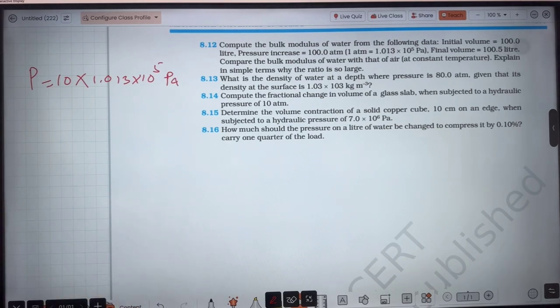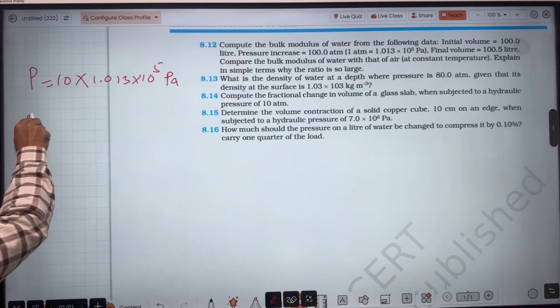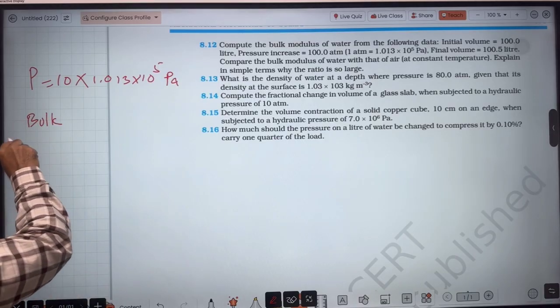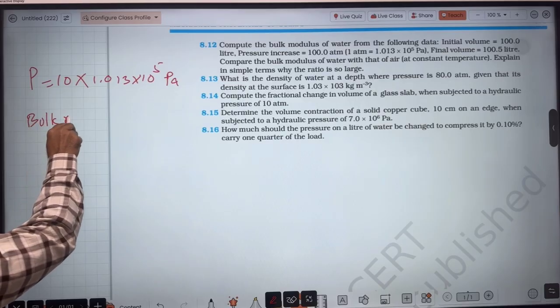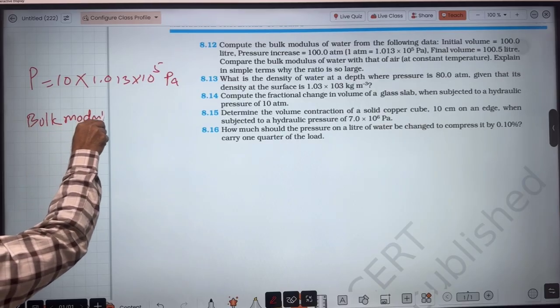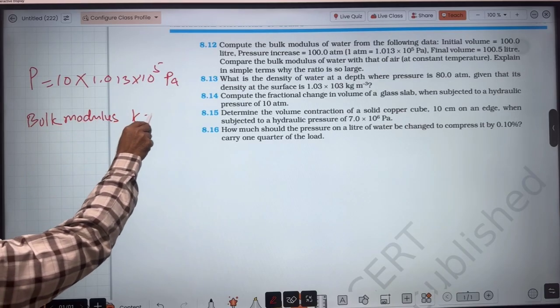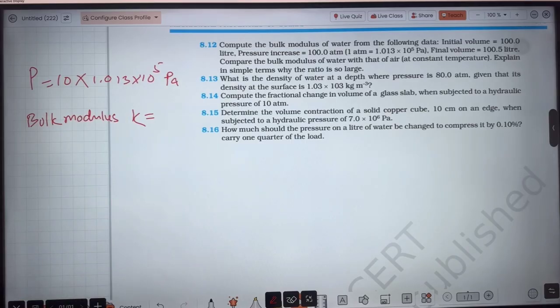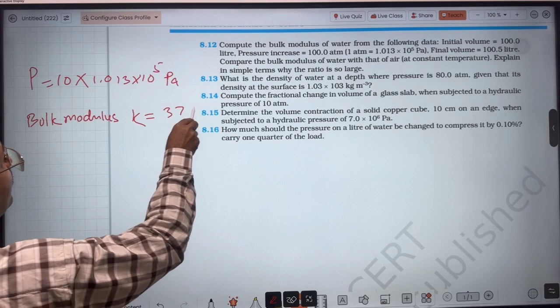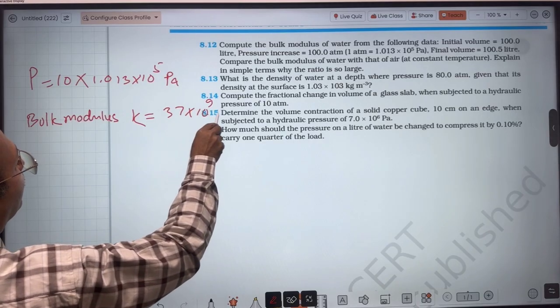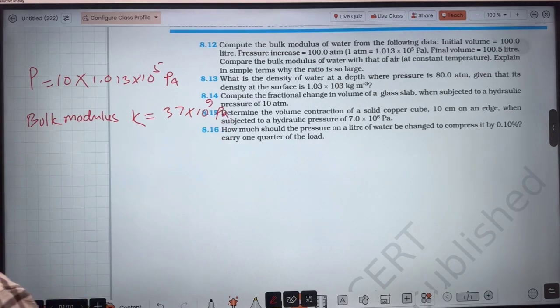Here we need the bulk modulus of glass. From the table we have to get the bulk modulus, say we write it as K. Its value is given as 37 into 10 power 9 Pascal.